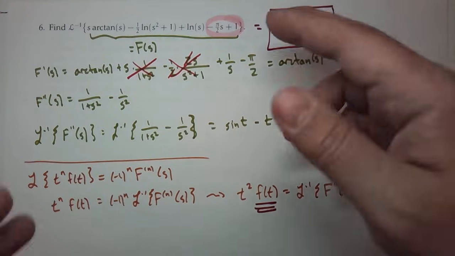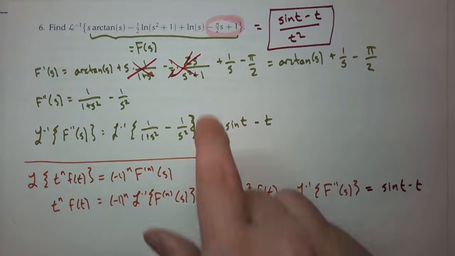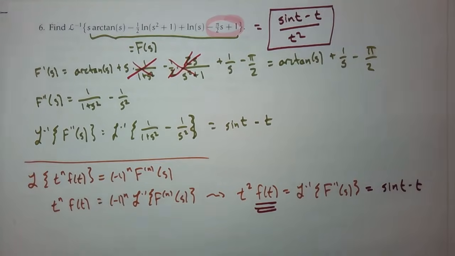In terms of solving the problem, it doesn't seem to do anything. But there is a reason why it's there. It actually does have to be there. So there's a little technical note, in case you're wondering why is that there. One of the things that's true is that when you look at f of s, it has to be the case that as s gets big, f of s has to go to 0. So if I'm a Laplace transform of something, I need to be going to 0.